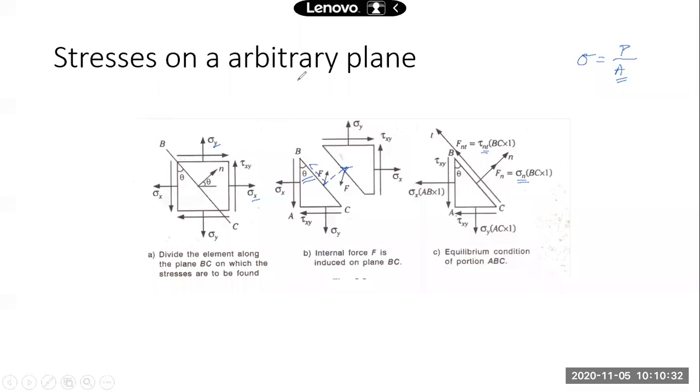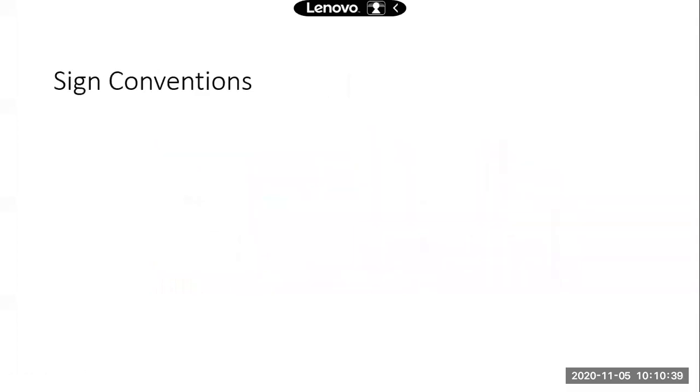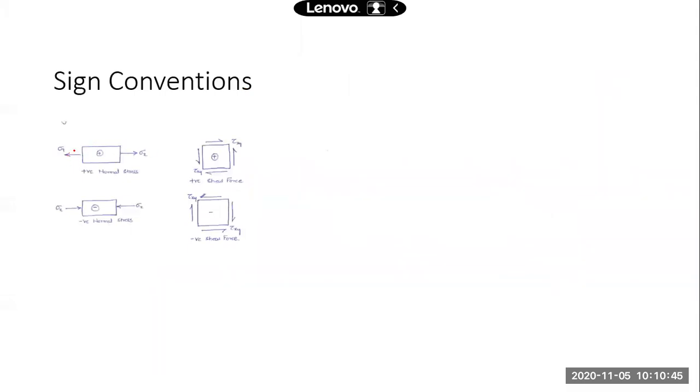With that, the first thing is we need to know a certain sign convention before we go ahead. Tensile stresses are considered positive.